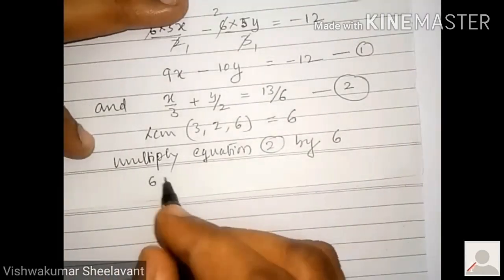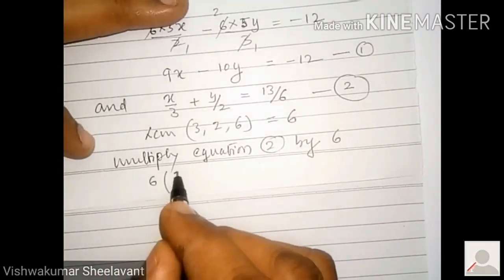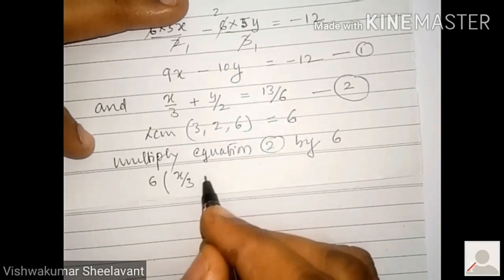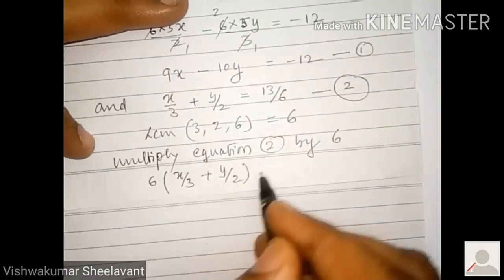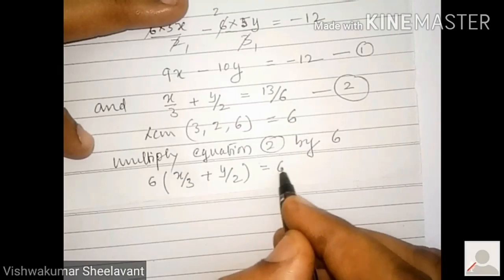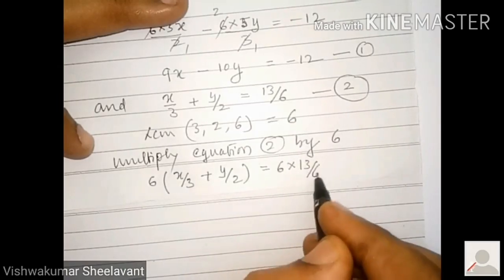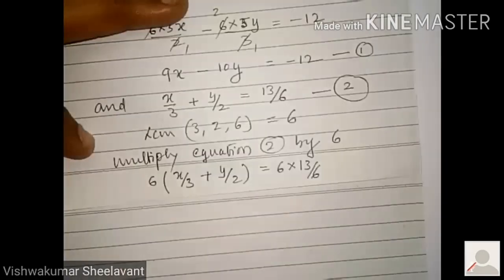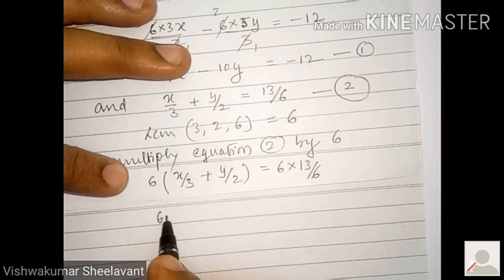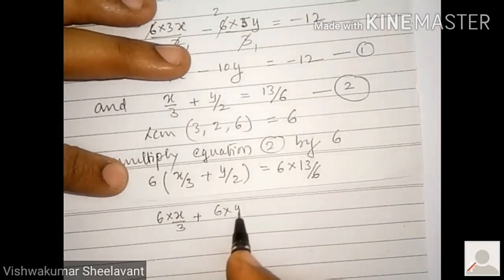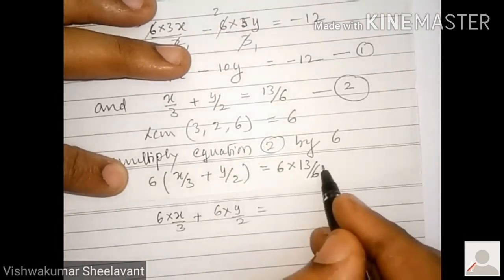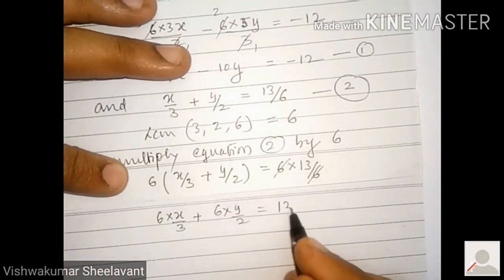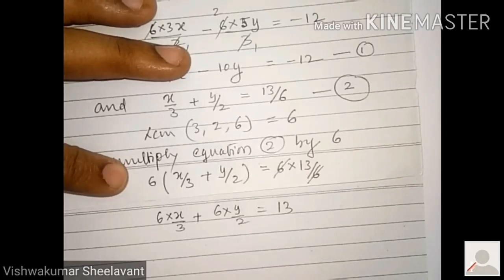6 into the bracket x by 3 plus y by 2 equal to 6 into 13 by 6. On both sides you are multiplying. 6 into x by 3 plus 6 into y by 2 equal to, 6 and 6 cancel, you get 13 this side. 3 1s are 3, 2s are 2, 1s are 2, 3s are 6.